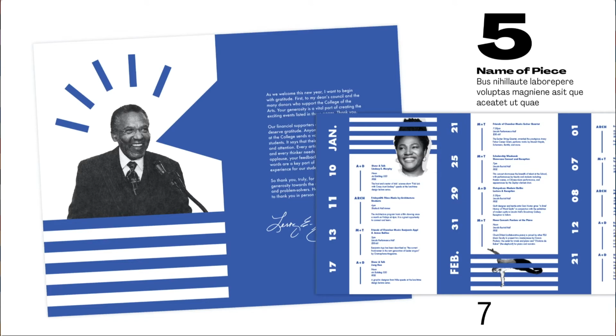So it's your chance as a designer to show off some details that you are very proud of. Like this student was really proud of that opening spread to this piece that has a picture of Dean Bynum on there and his signature and this nice little letter. It's a really cool spread, and we get to see a little type detail there.